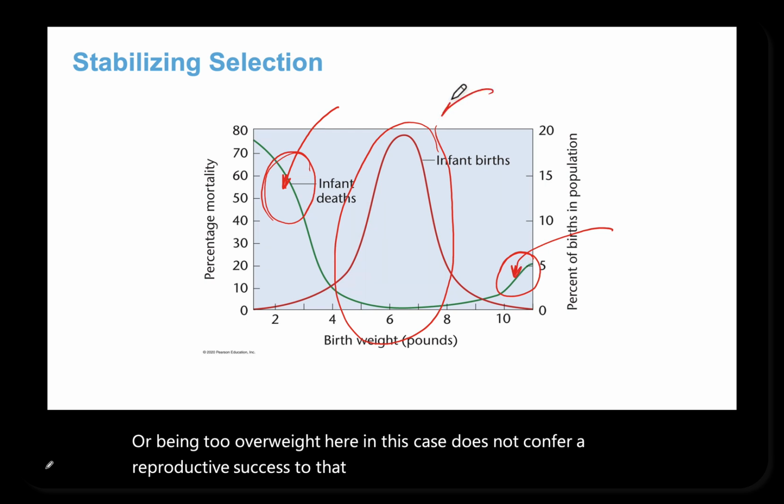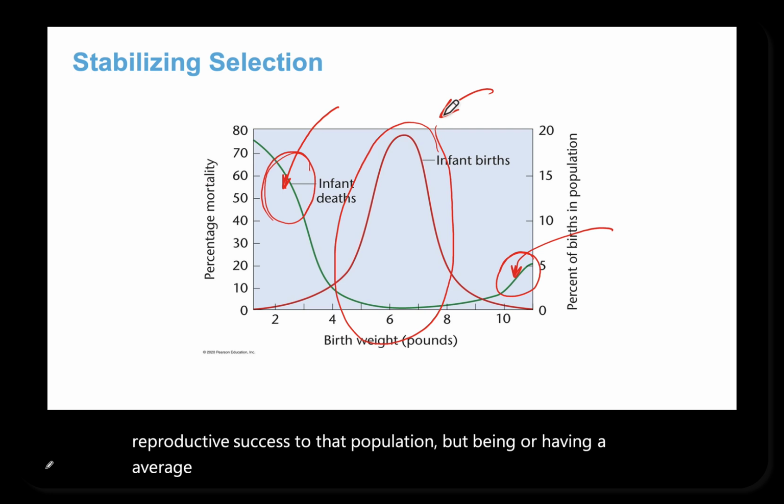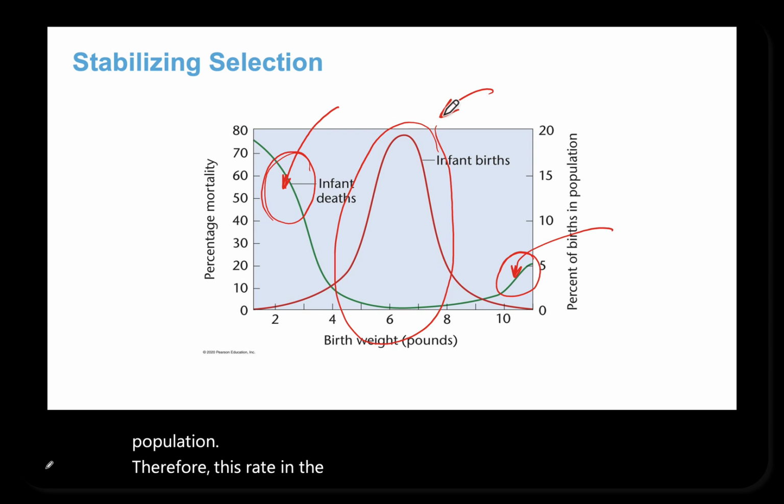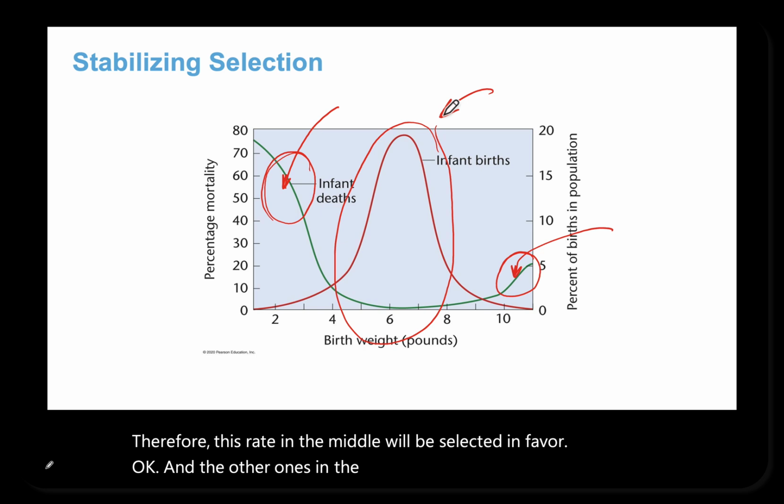But having an average weight gives a higher reproductive success. Therefore, this trait in the middle will be selected in favor, and the other ones in the extremes will be selected against.